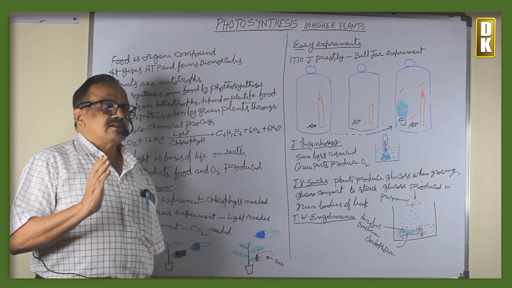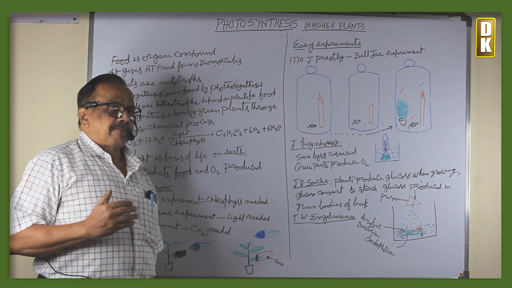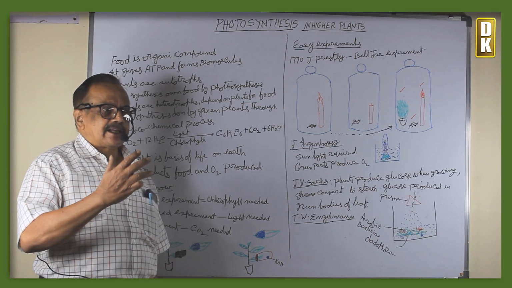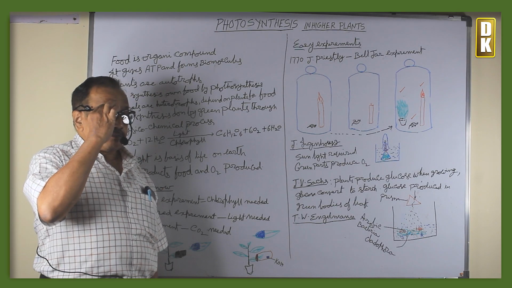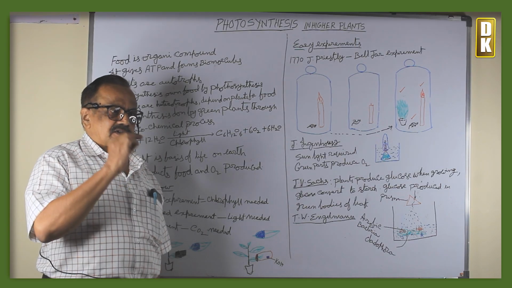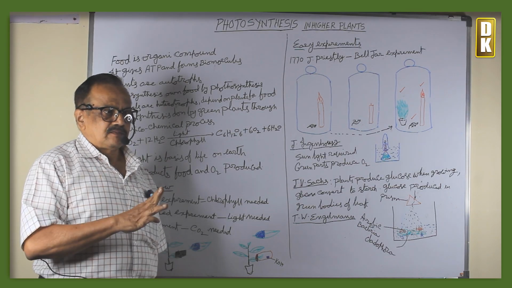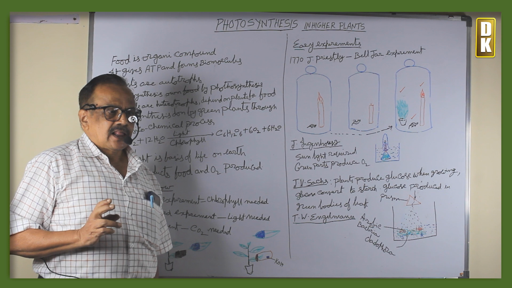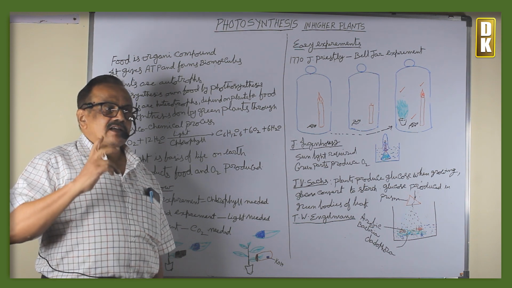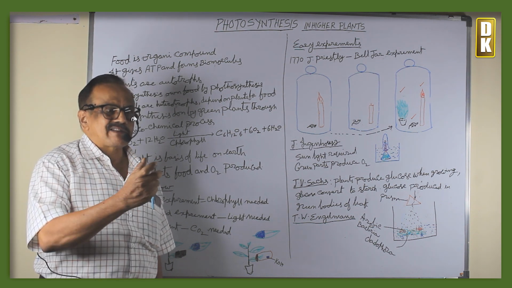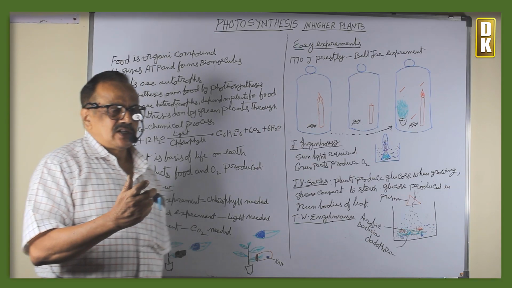Out of these, we are starting today with photosynthesis in higher plants, which is the largest chapter compared to the other two in physiology. And the chances of questions being asked from this chapter are also higher.